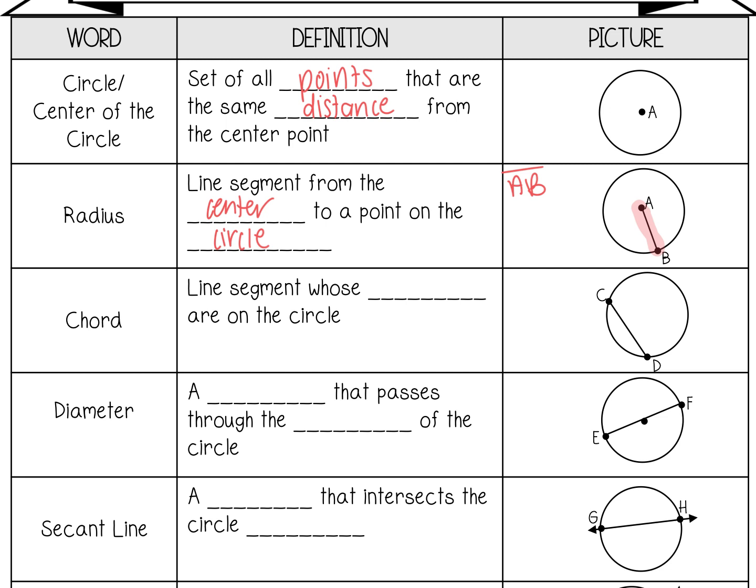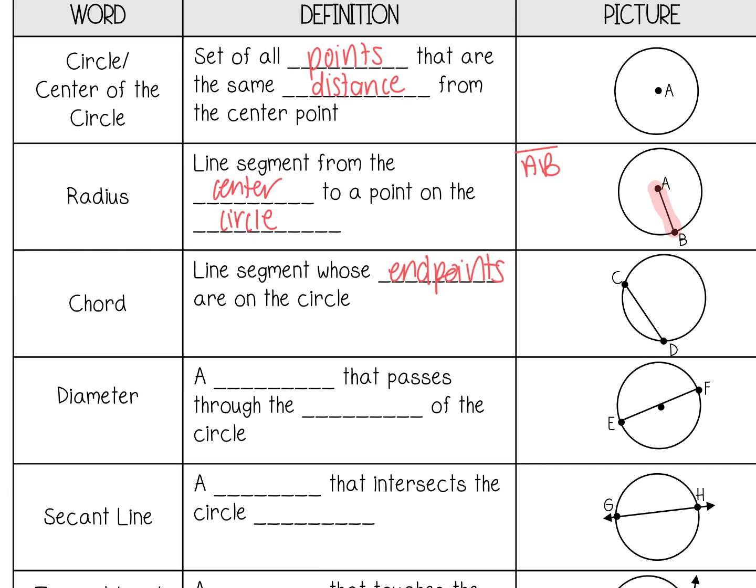A chord, a line segment whose endpoints are on the circle. So it stops. It's not continuing. It's going from one end of a circle to the other end of a circle. Okay? And then diameter. Diameter is a chord.